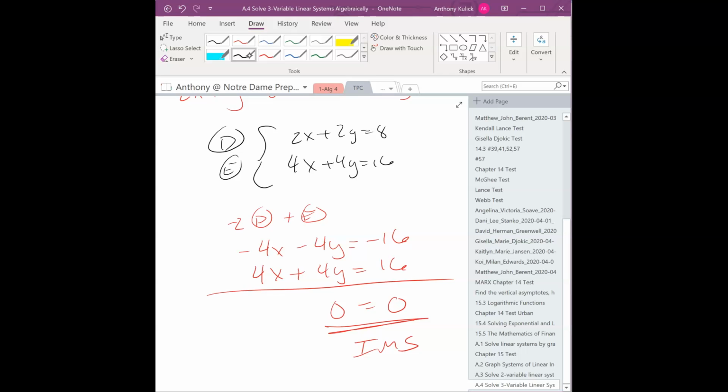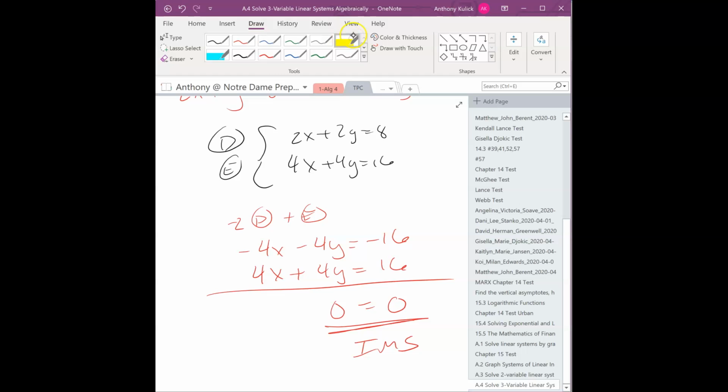Now remember, infinitely many solutions doesn't mean that any x, y, z is going to satisfy this equation. No, sir. There's just an infinite amount of them. So we would like a way to describe how to find that infinite amount.